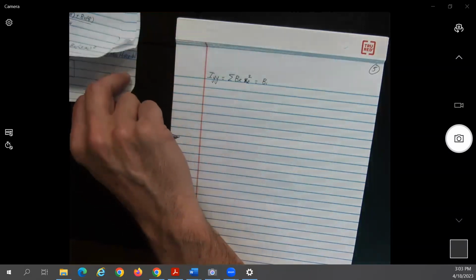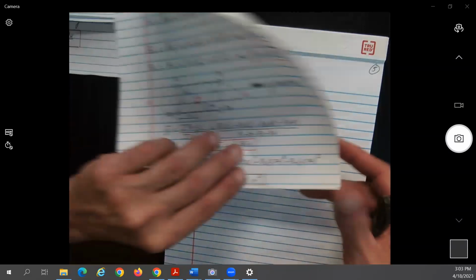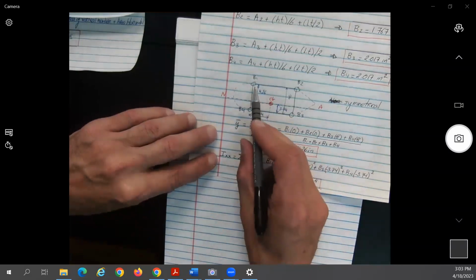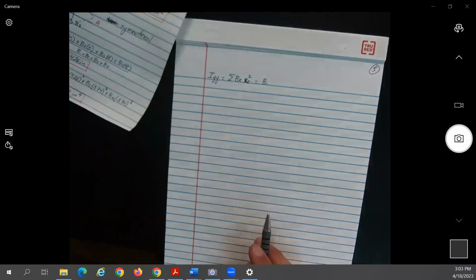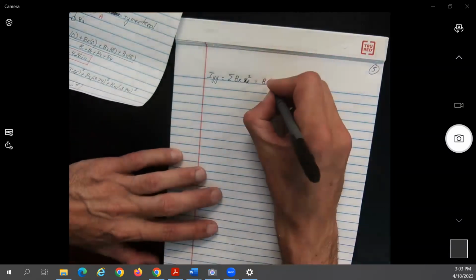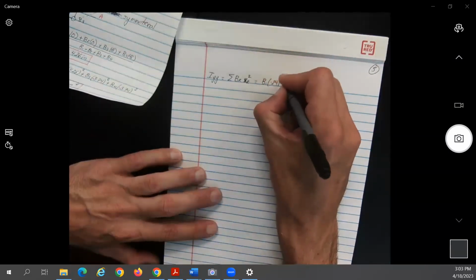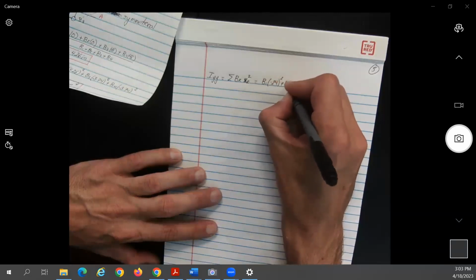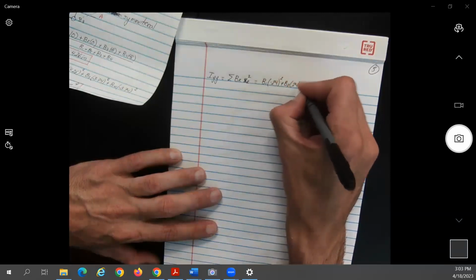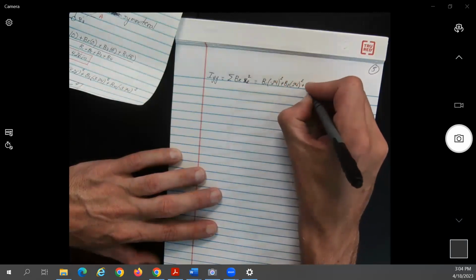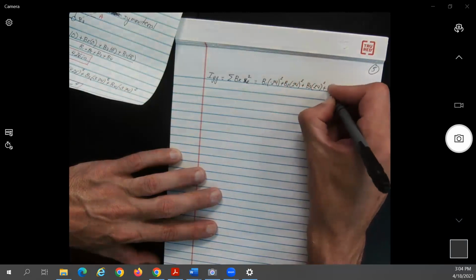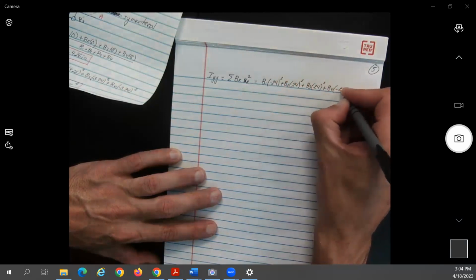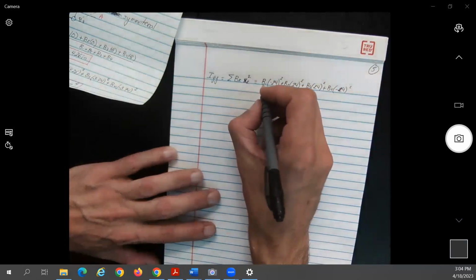What is that page? I lost it. Okay, yeah, here it is. So here is either minus 24 or 24, no? Okay. So B1 will be negative 24 squared plus B2 times positive 24 squared plus B3, that would be positive 24 squared plus B4, that would be negative 24 squared.